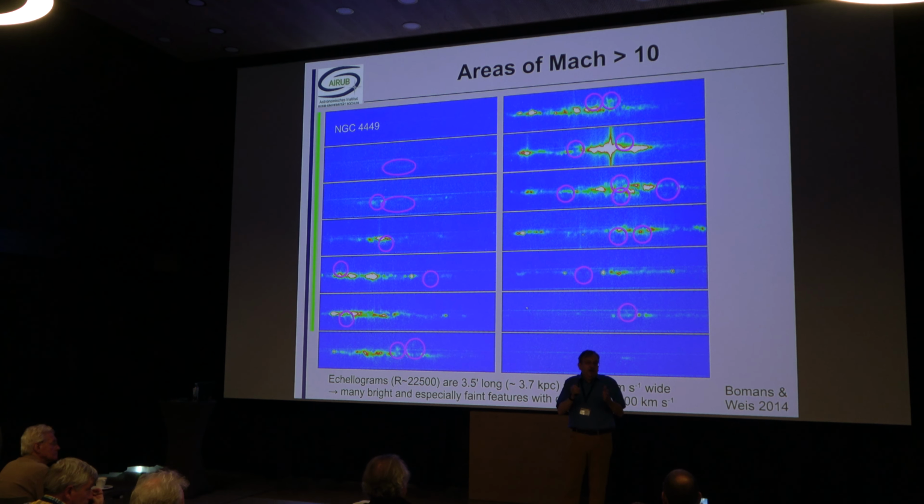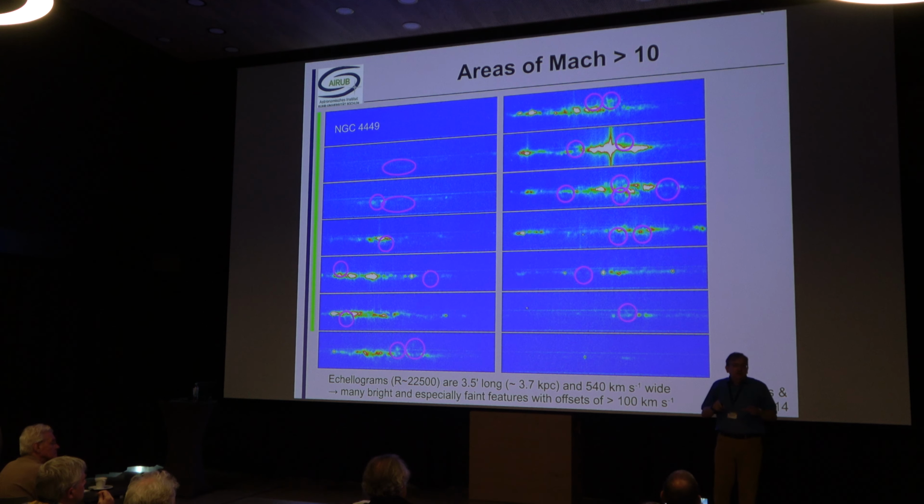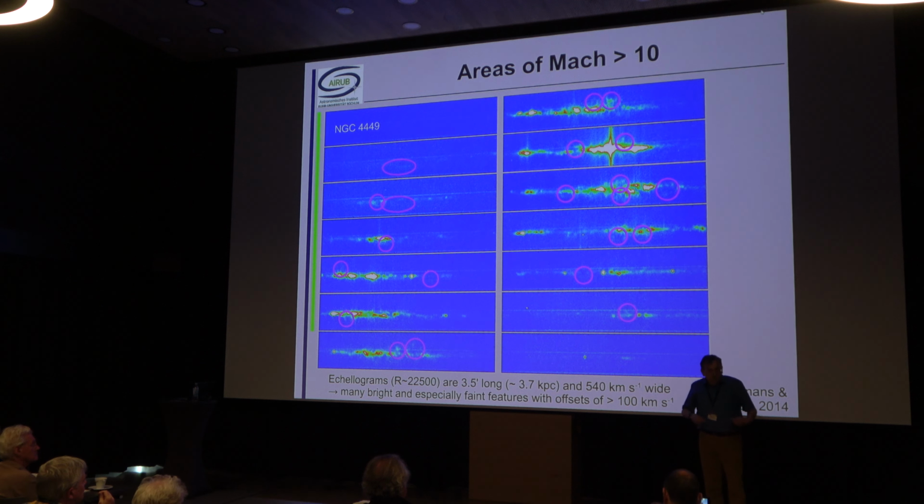And the width of the line of such regions contains interesting information. For example, is it thermal or is it larger than that? For 10,000 degrees, you would have some 10, 15 kilometers per second line width. If you measure 35 kilometers per second line width, there must be turbulent motions inside. So what you have is a handle on the turbulence.